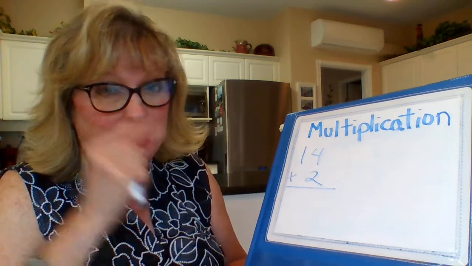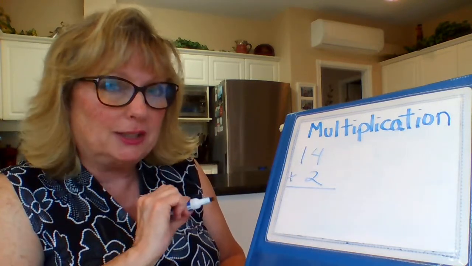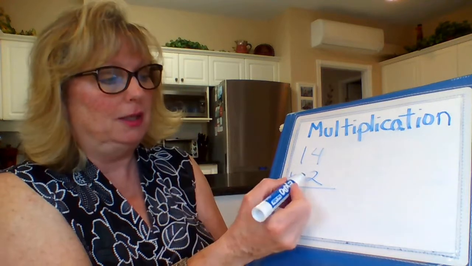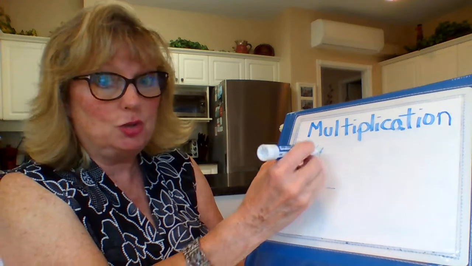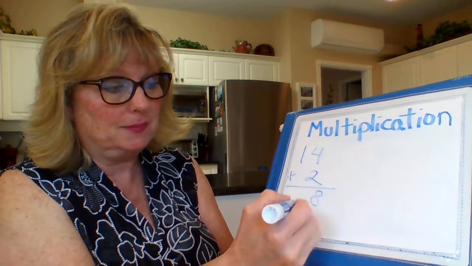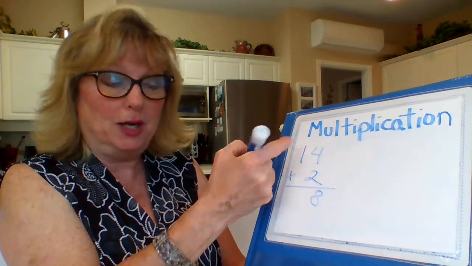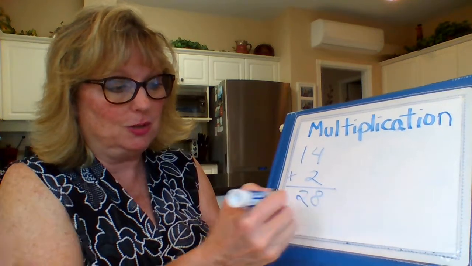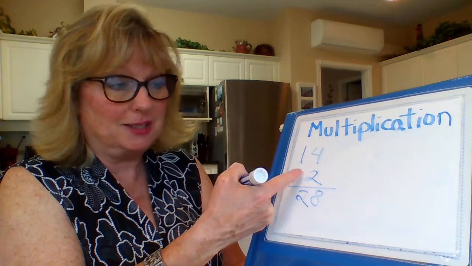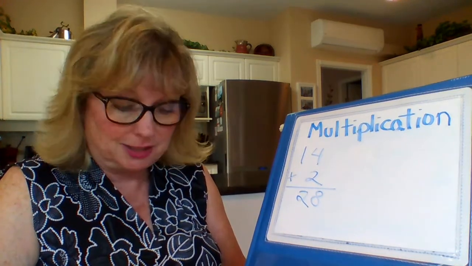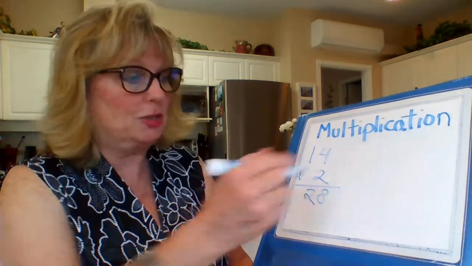It's easier to see in our mind, but let's calculate it in case we can't see that. 2 times 4 is, 2 groups of 4, 8. 2 times 1 is 2, 28. And we know 14 plus another 14 is 28. Good. Let's try another one.